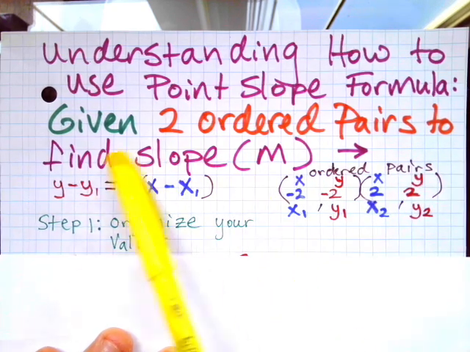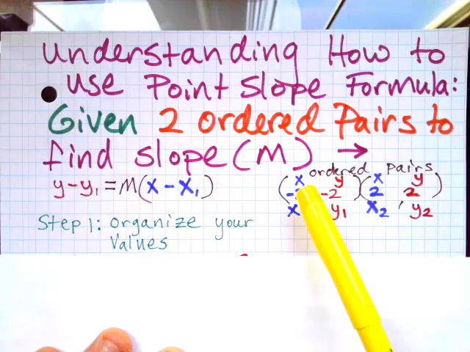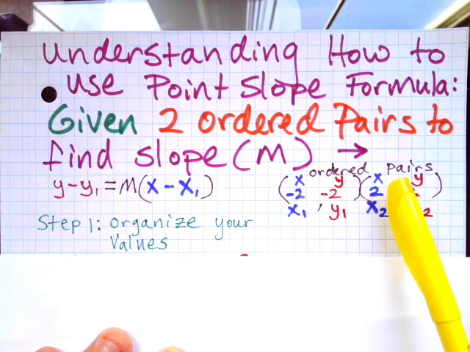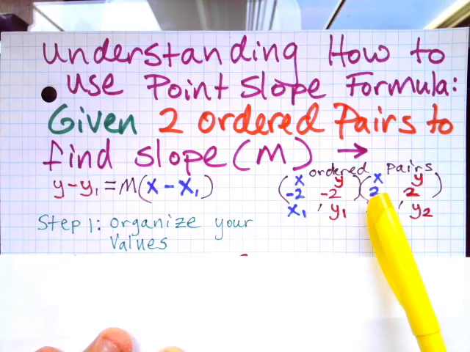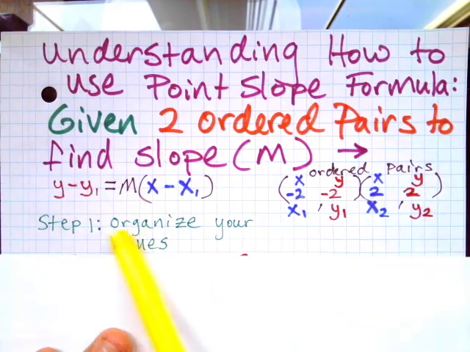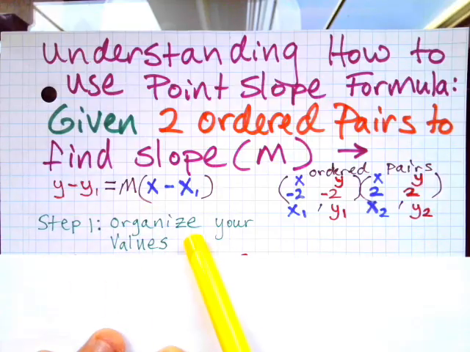Point slope form. We're given two sets of ordered pairs, and in this example, we have x is -2, y is -2, x is 2, y is 2. We have our two ordered pairs. First thing you want to do in step one is organize your values. So this is my first x.